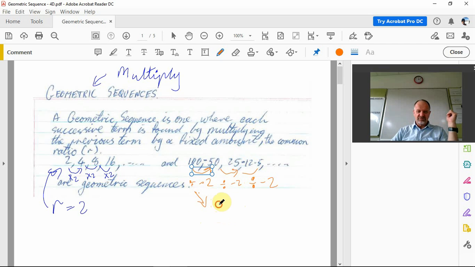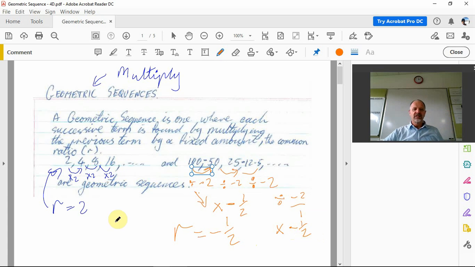And so the equivalent would be multiplying by a negative half. If you like to think of it, dividing by negative 2 is dividing by negative 2 over 1, and if you're dividing by a fraction, you multiply and flip it. So r, in this case, would be negative a half, because we're always in terms of multiplying.